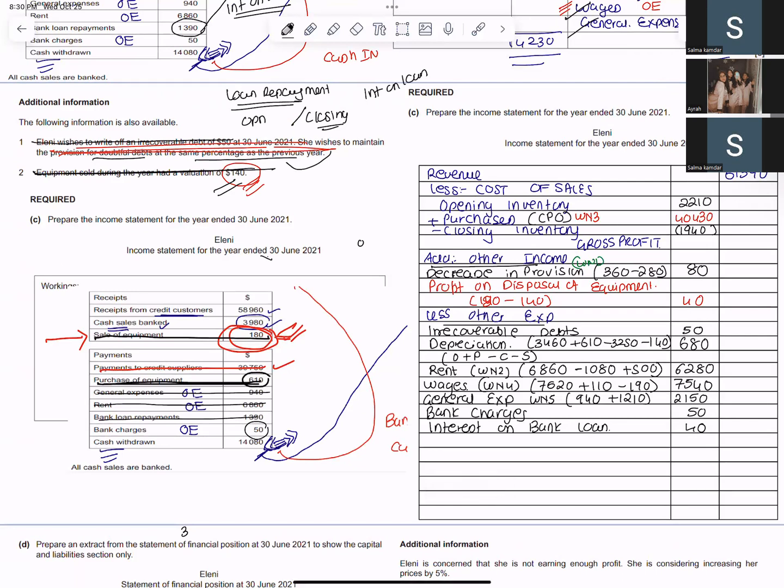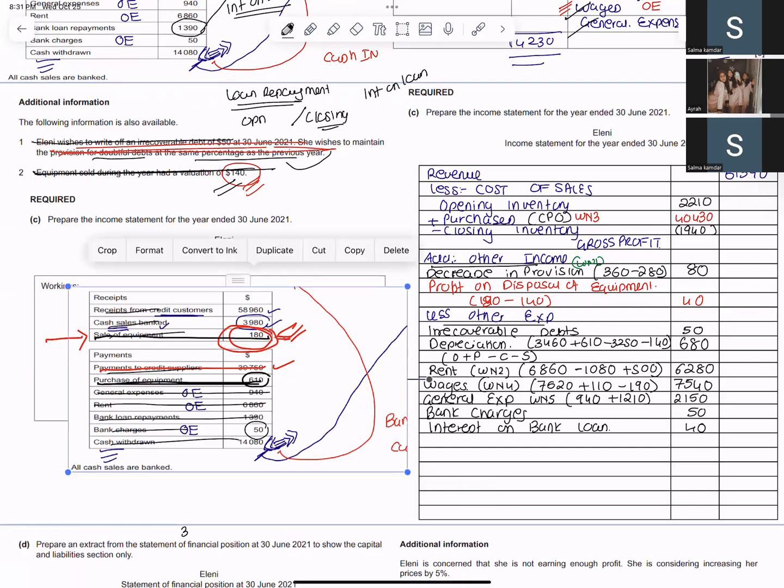If after checking you don't find any difference, then you can avoid it. Anything else left? No, this is done. Cash sale, sale of equipment done, payment, purchase, bank charges, cash withdrawn, everything done.